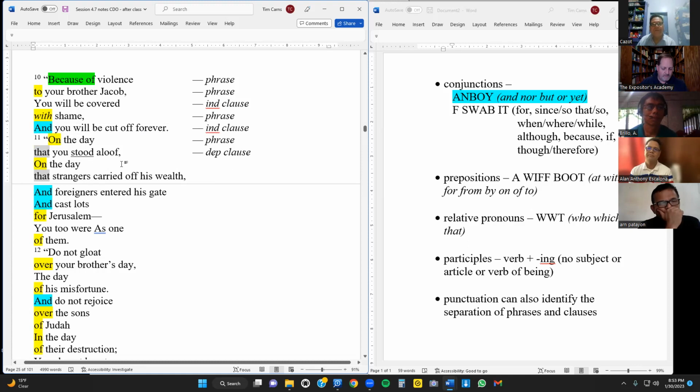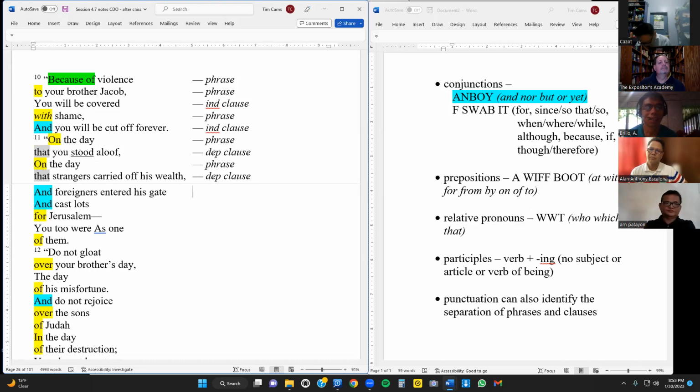All right. On the day, you already did that. Phrase or clause? Phrase. All right. Now here we go again. That strangers carried off. Is that a phrase? Dependent clause. And foreigners entered his gate. Is that a phrase or clause? Dependent clause. Okay.